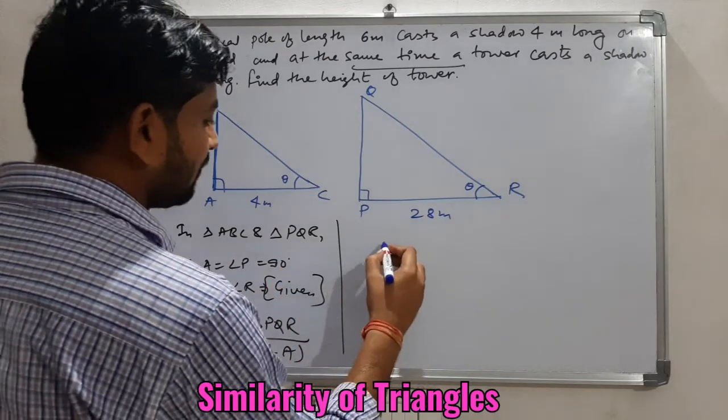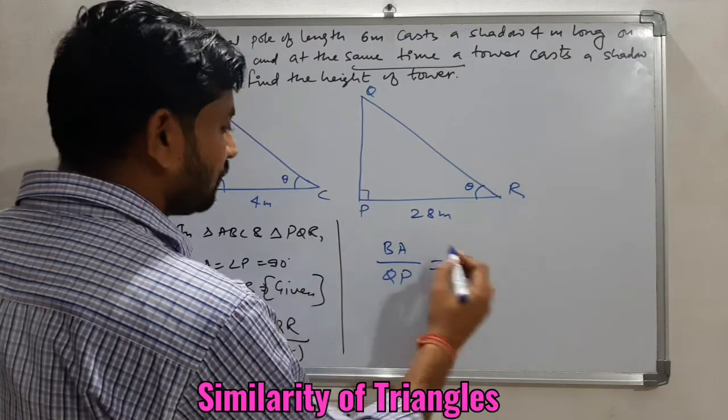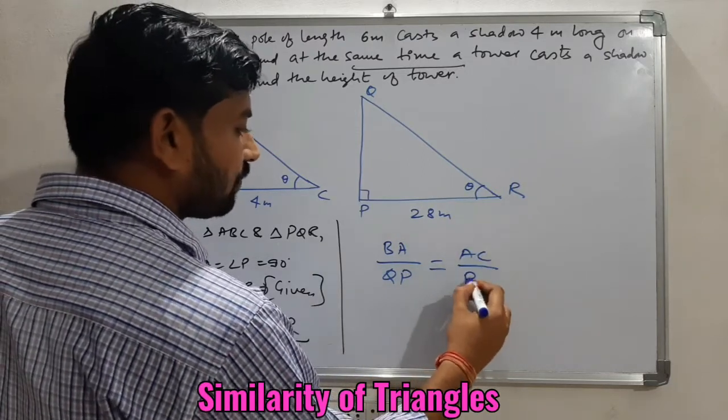So the corresponding sides will be BA upon QP is equal to AC upon PR.